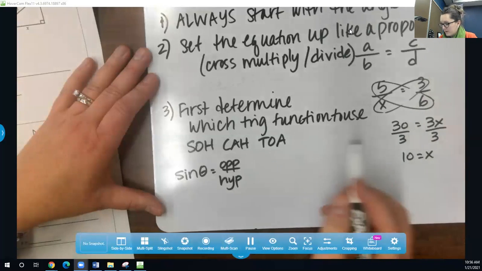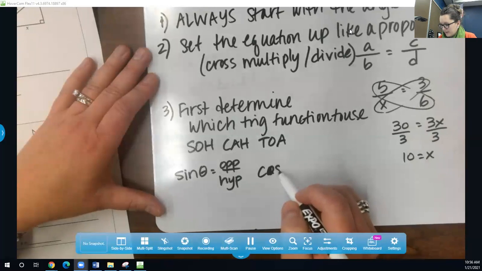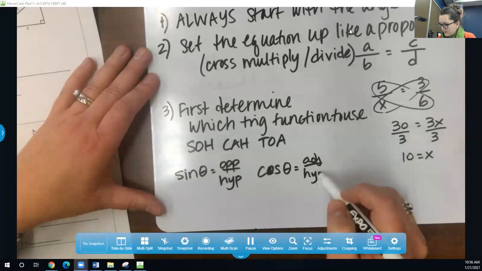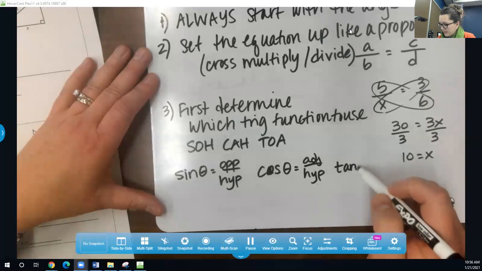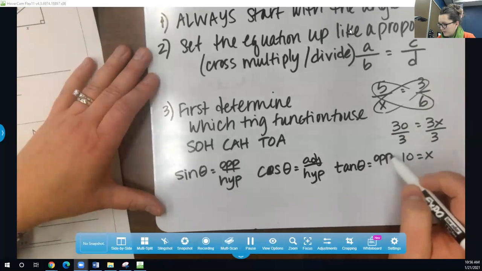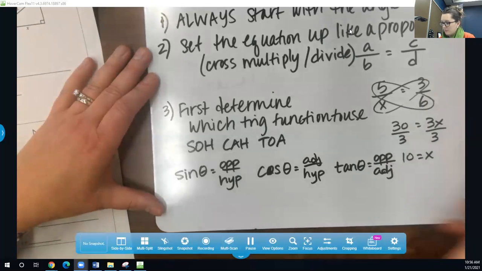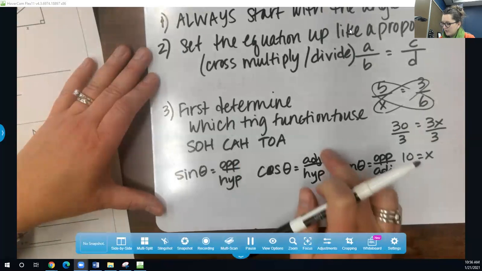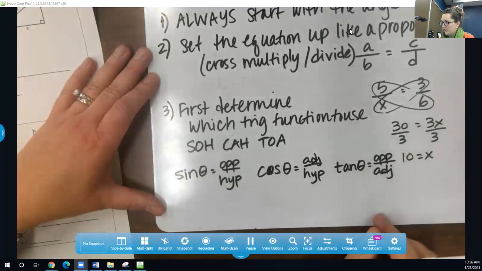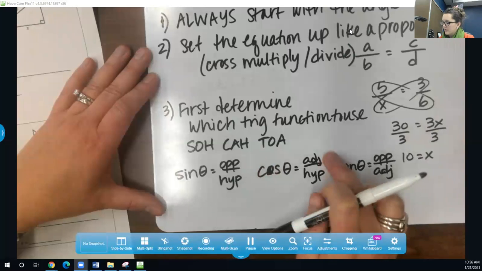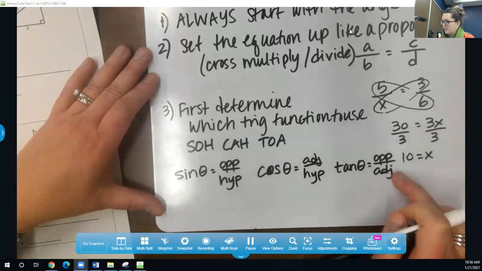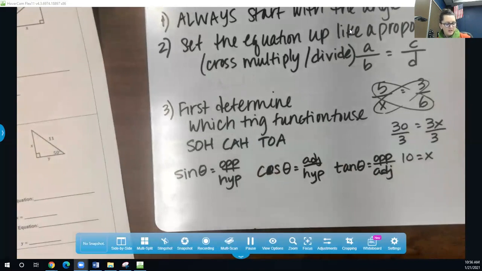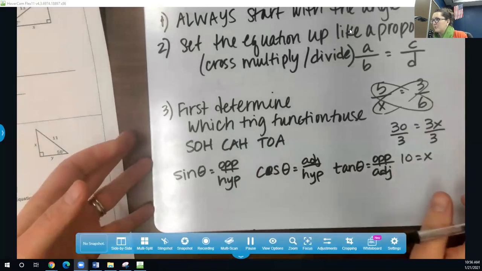Your CAH is cosine of theta equals adjacent over hypotenuse. And then that TOA is your tangent of theta equals opposite over adjacent. So keep those in mind as we go. Sine, opposite over hypotenuse, cosine, adjacent over hypotenuse, tangent, opposite over adjacent. So remember, across the street neighbor, next door neighbor, across the street neighbor divided by next door neighbor. Just some little tips. I know it's funny to think about it like that, but it helps me to remember. Hopefully it'll help you to remember as well.